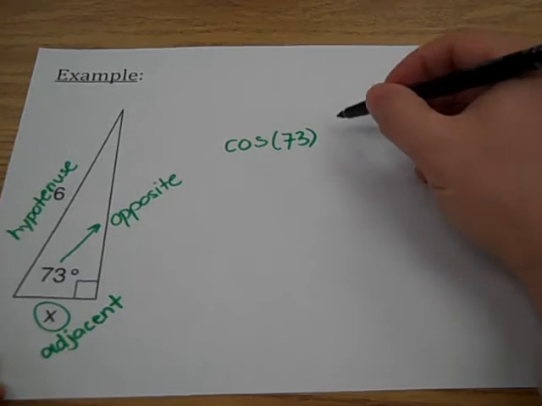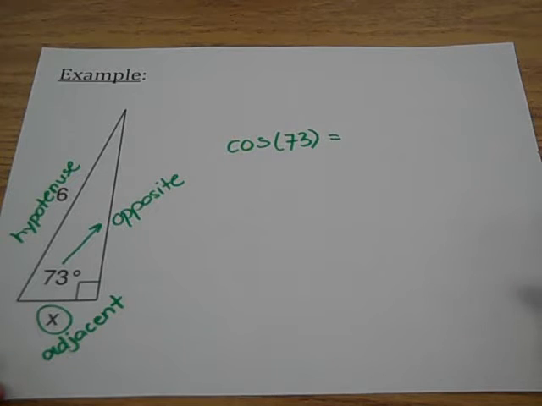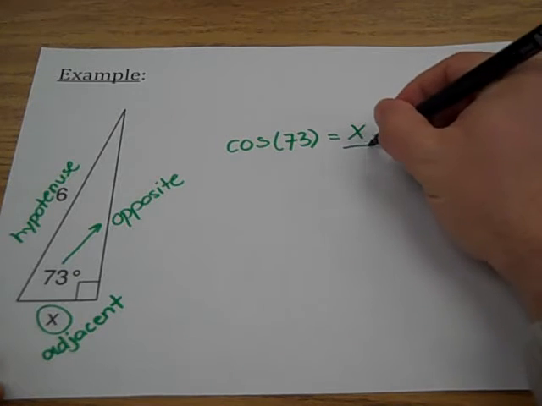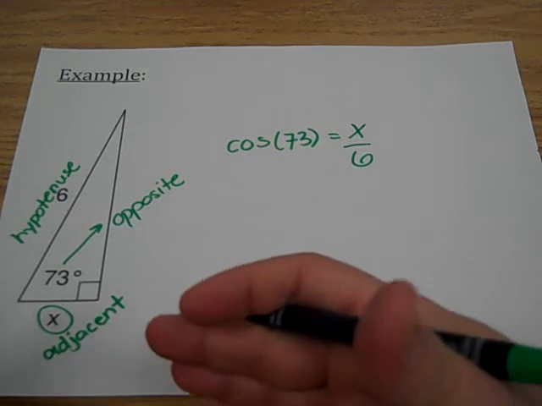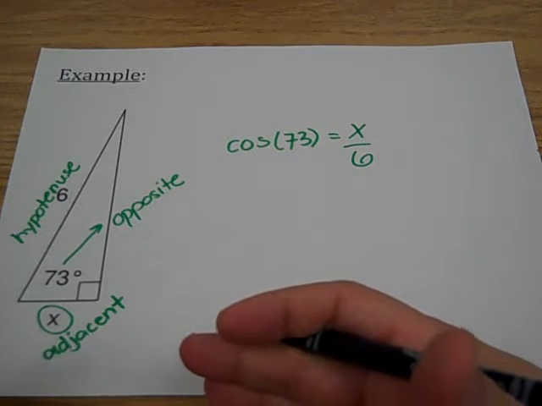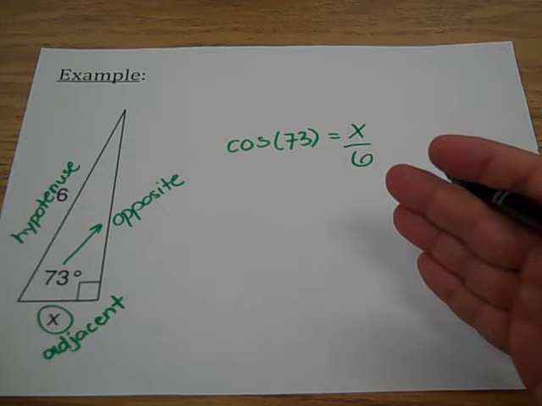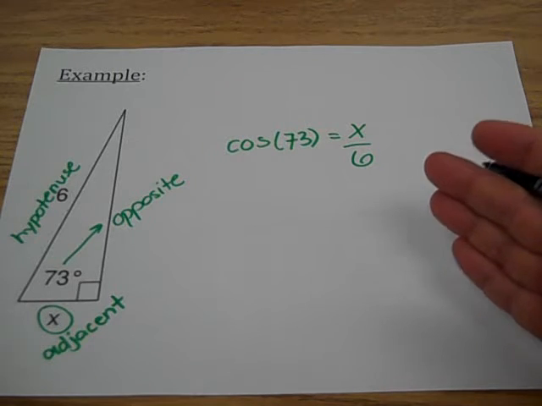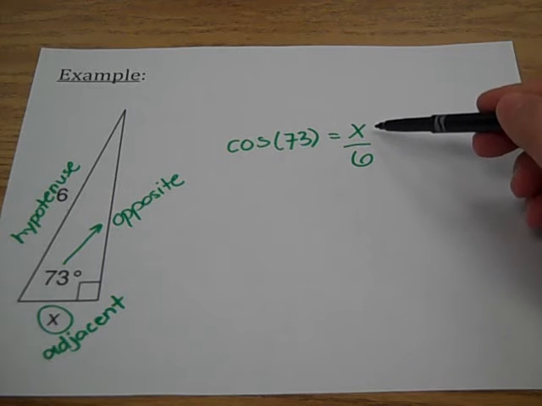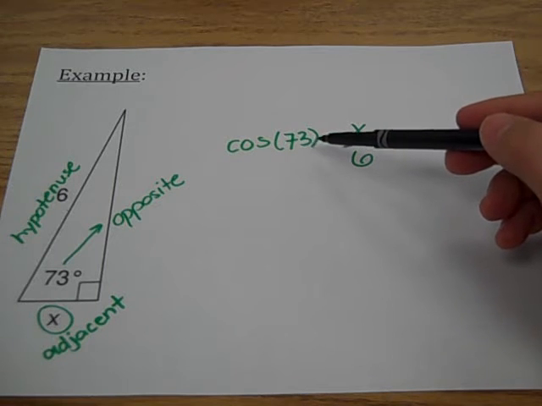The cosine of 73 is equal to the adjacent side, which is x, divided by the hypotenuse, which is 6. That's using what we just talked about at the beginning of this lesson and our cosine ratio from the last lesson. The only difference here is we don't know this adjacent side, but we do know the angle.